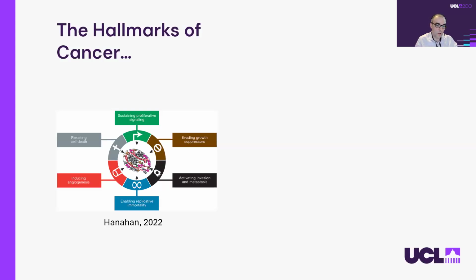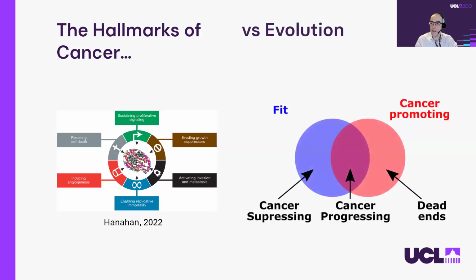This has been a very useful paradigm for thinking about cancers for a very extended period of time. But evolution is another powerful theory, and understanding how the two of them marry together is not trivial. Intuitively, you might think that fit mutations are inherently going to be cancer promoting because they promote the proliferation and replicative immortality from the hallmarks.